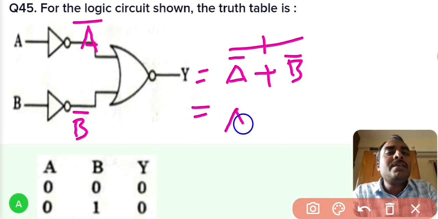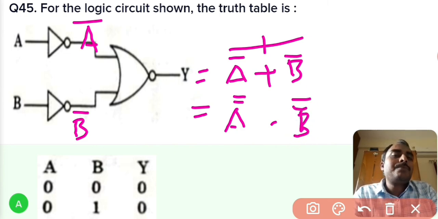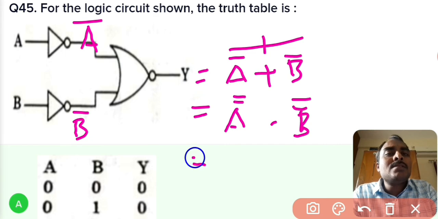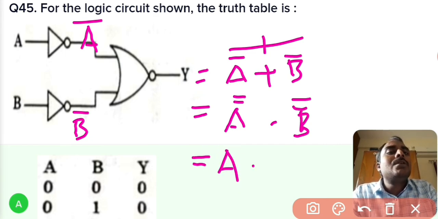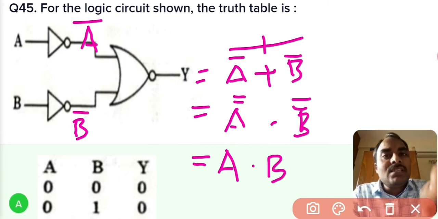So this is A bar bar, dot, B bar bar. We know A bar whole bar is nothing but A, and B bar whole bar can be written B. So A into B is the output, which is nothing but the AND gate. So the output of this given logic circuit is nothing but the output of the AND gate.